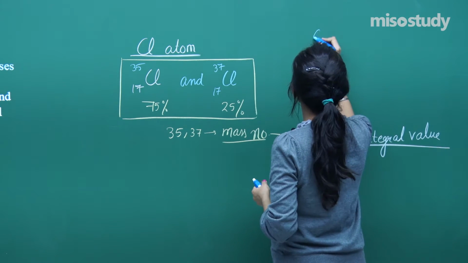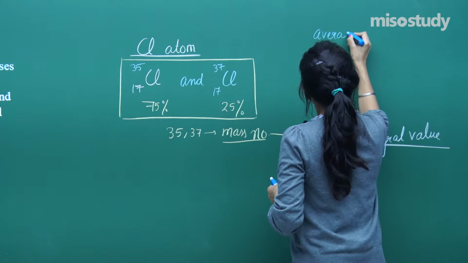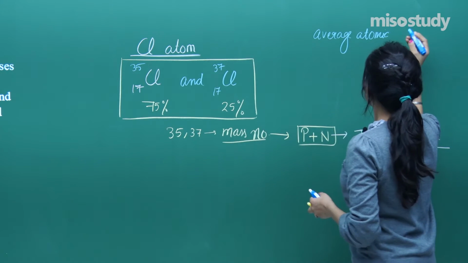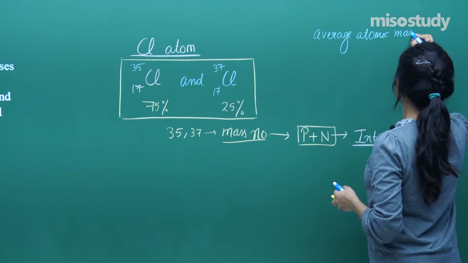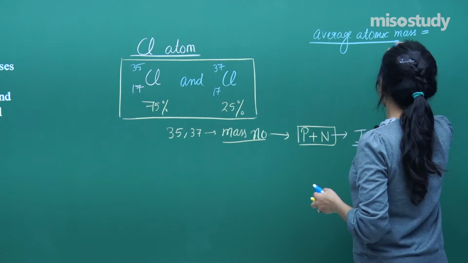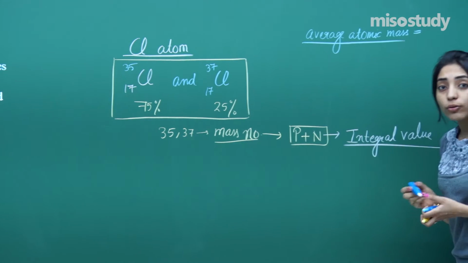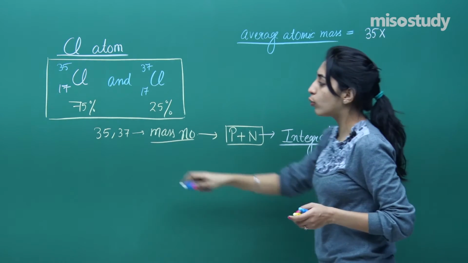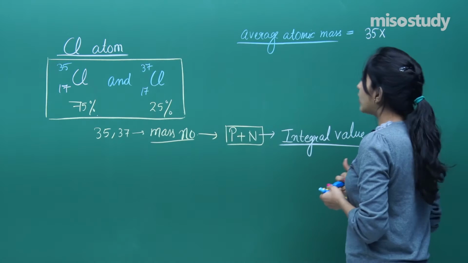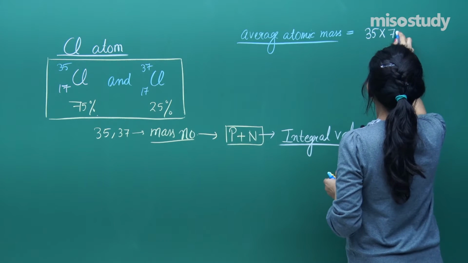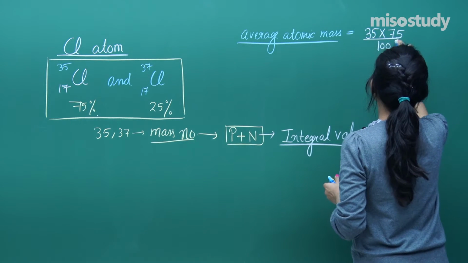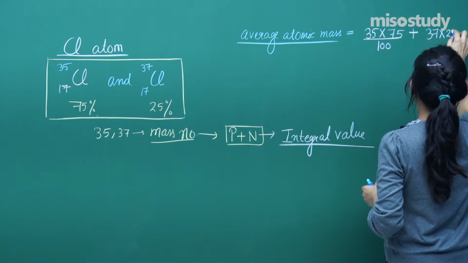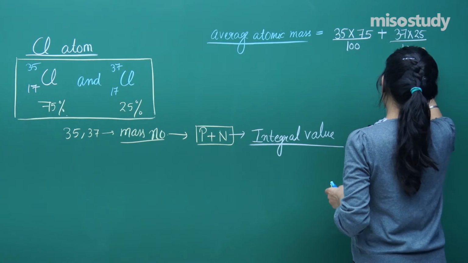So I have written the formula. The average atomic mass was written as 35, the mass number, into 75 atoms are there, so let us say 75 divided by 100, plus the other one, 37 into 25 by 100.